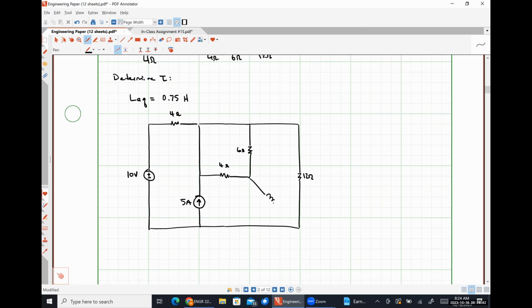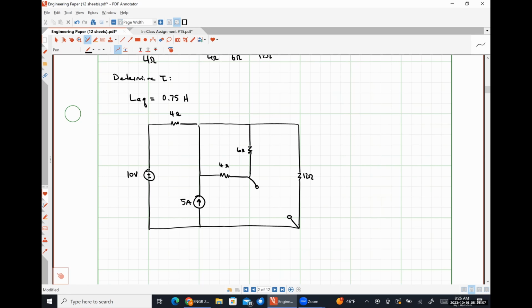All right, so this is what my circuit looks like during the transient condition. When I'm trying to find my equivalent resistance, this is the Thevenin equivalent resistance seen by our energy storage element. So that means I take my 0.75 Henry inductor out.